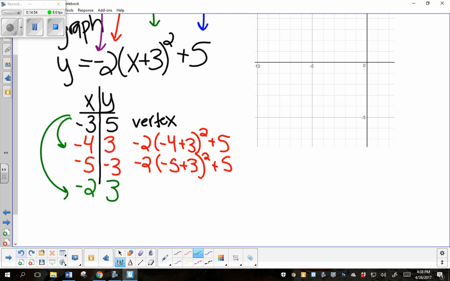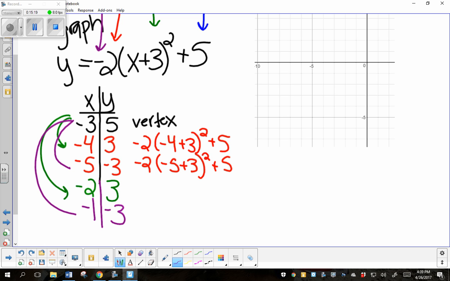So now instead of going 1 higher, over here we went 2 lower, so now we're going to go 2 higher to -1 from my x value. And so it should match up with the one that was 2 lower. That was -3. So they're matching up on either side of the vertex.